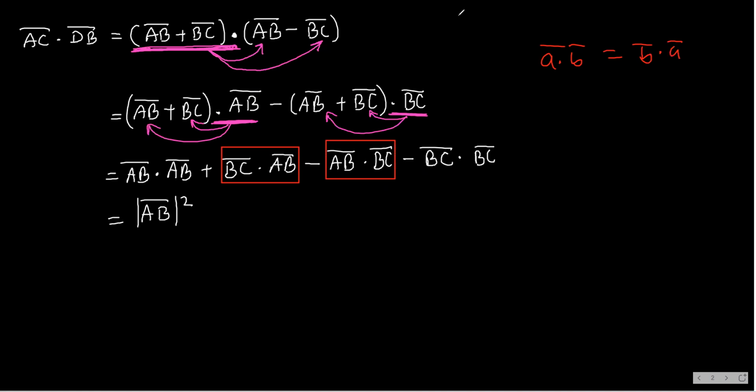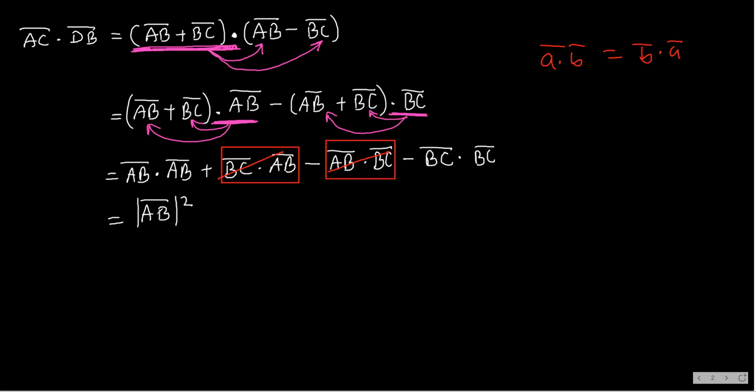Okay, dot product is commutative. So these two are the same, and they have opposite signs. This is positive, this is negative. So they will cancel each other. So these two get cancelled.